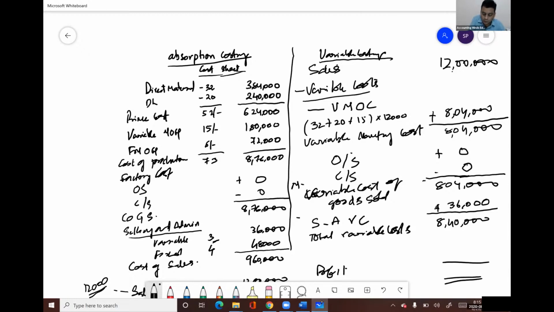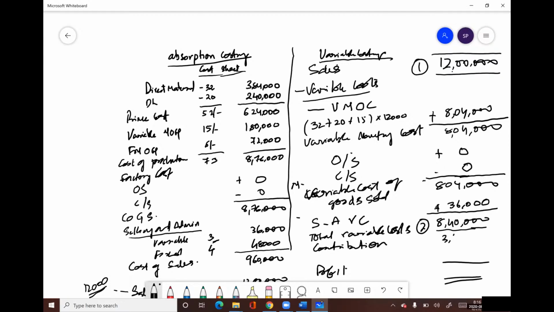Total variable cost. So how much is the contribution now? Sales minus variable cost. How much is that? 3,60,000.